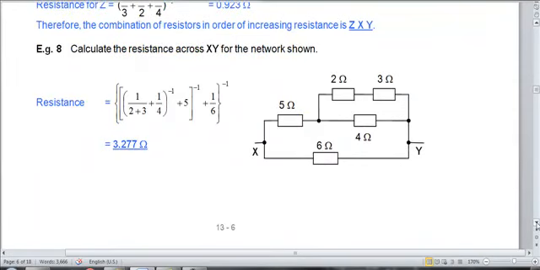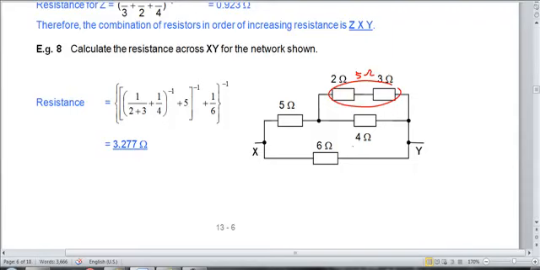Example 8. The resistance looks rather complicated, but what we normally do is solve the combination from inside first. So what you do is you sum up the 2 ohm and 3 ohm, and that gives you 5 ohm. And the 5 ohm and the 4 ohm are actually connected in parallel.